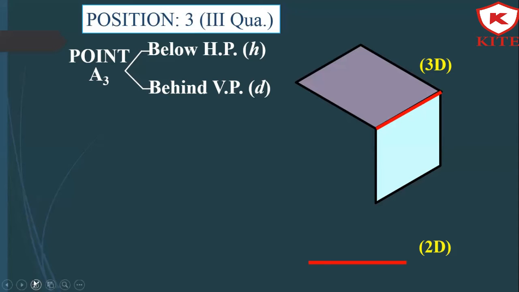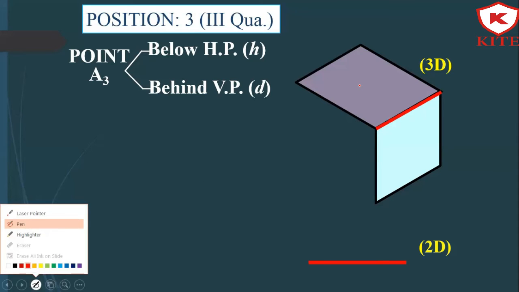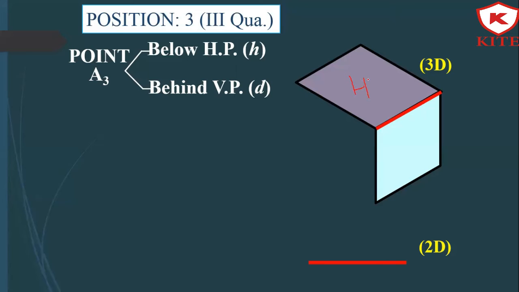Here, the purple color plane is HP and the blue color plane is VP. Now point A3 is below HP and behind VP in the third quadrant.